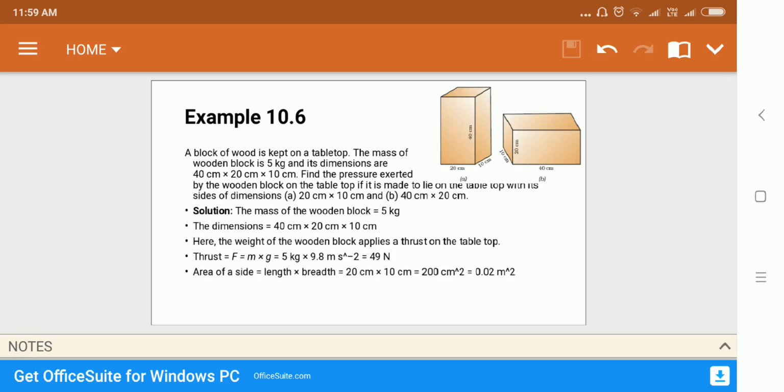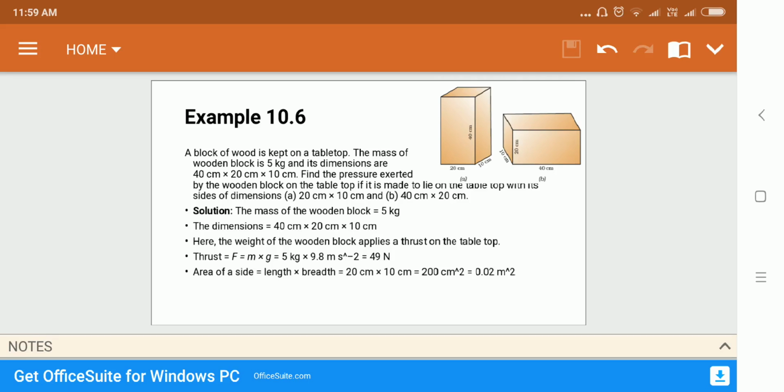Now the contact area for the first case is length into breadth, that is 20 centimeter into 10 centimeter, so that would be 200 centimeter square. While we convert into meter, 1 meter equals 100 centimeter, so to convert centimeter into meter, divide by 100.